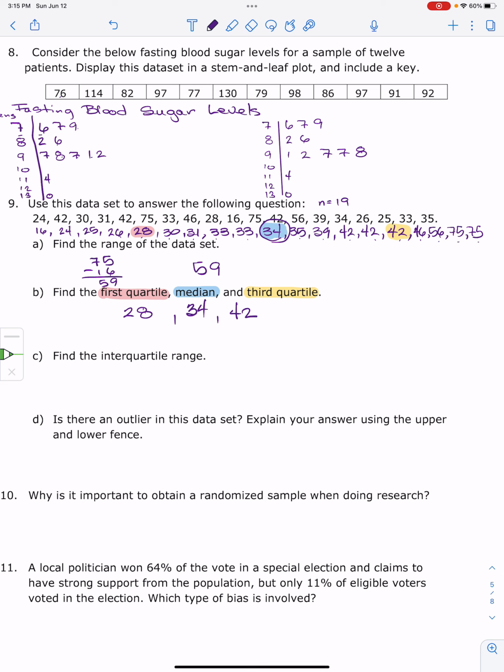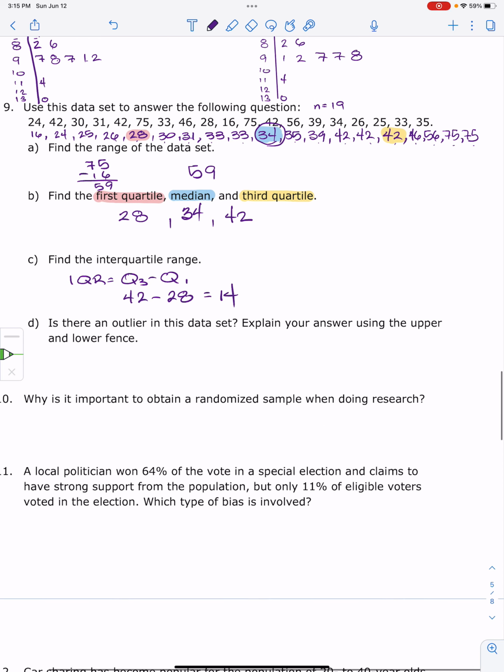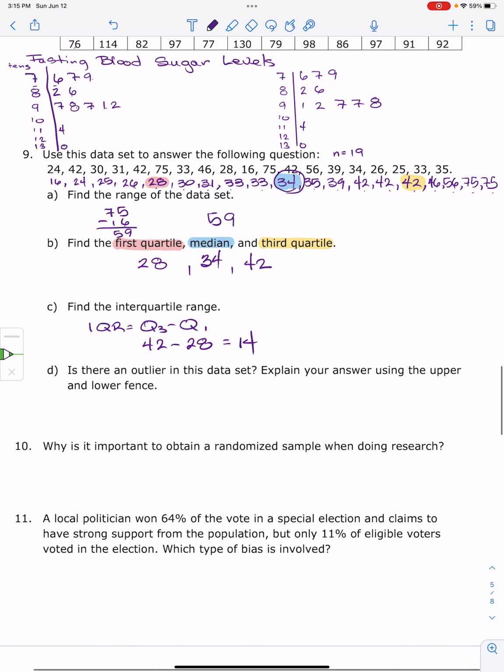Notice this has divided my set into 4 groups that have 4 data values in each group. Okay. My interquartile range, Q3 minus Q1: I get 42 minus 28, which gives me an interquartile range of 14. If I am using my upper and lower fence to determine if there is an outlier, I have to calculate those.